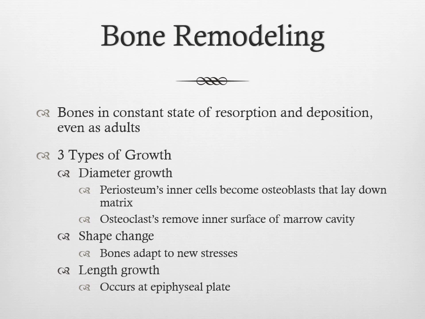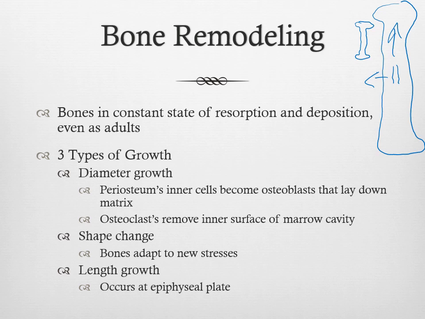Because when we're building a bone, in a sense, and we have kind of a bone something like this, and we eventually need it to be really, really big, something like that, we don't want the center of the bone to have just that little appearance. So it's going to have to grow out in width as well as in length. And so we're going to change the shape of the bone over time.